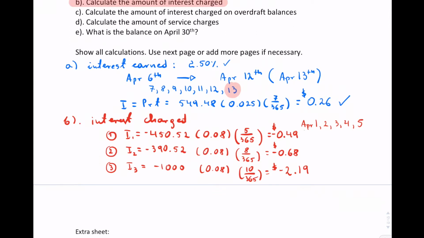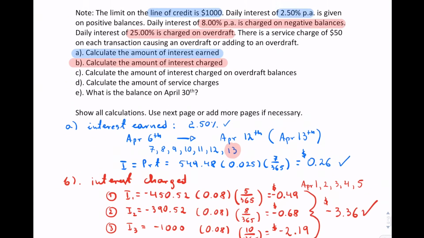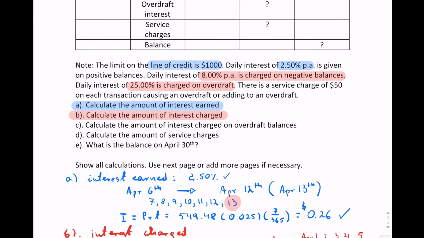So that is our interest. So we can count this up all together. So that's $2.19. So add up all of those, and we have $3.36 of interest. So that's part B. So that's done and that's done.